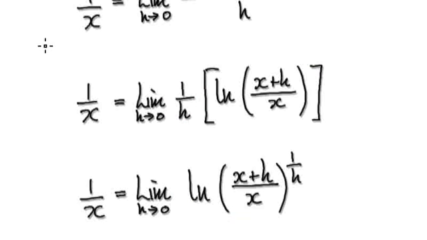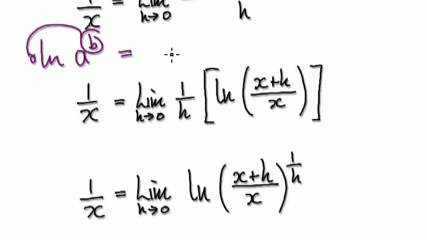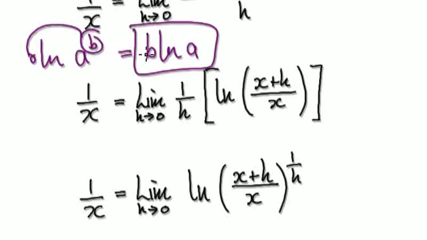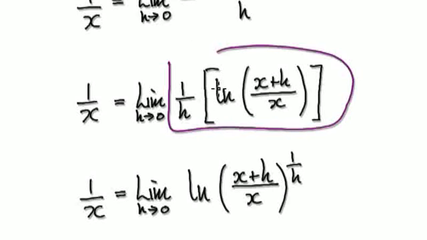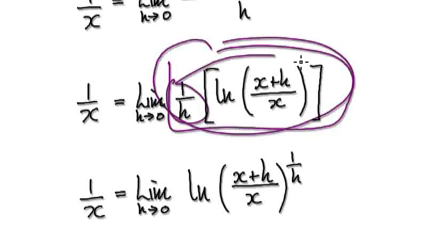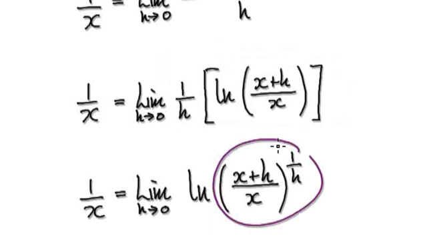Because if I were to give you, let's say, natural log of a over b, then you can take this down here, so that would then be b natural log of a. Well, here we've got this thing here. We can push it back up here to give you this. So you can push this back up here. That will then give you this.